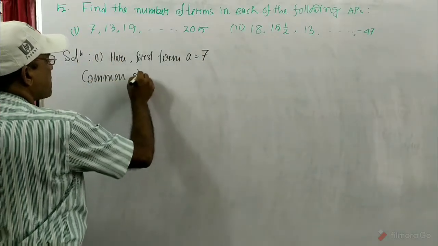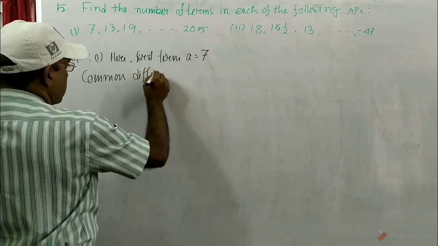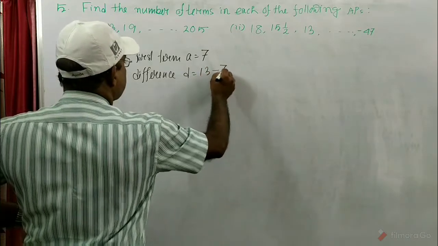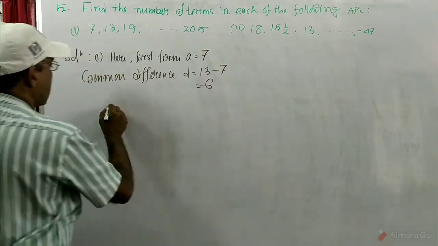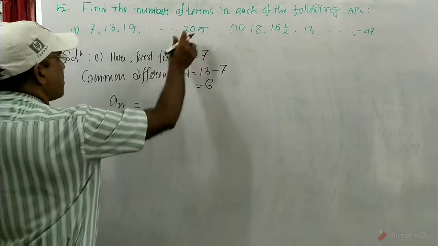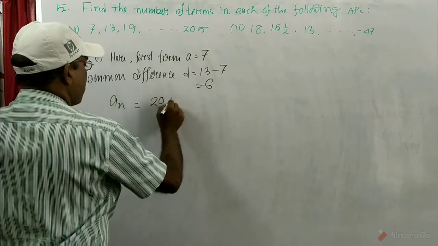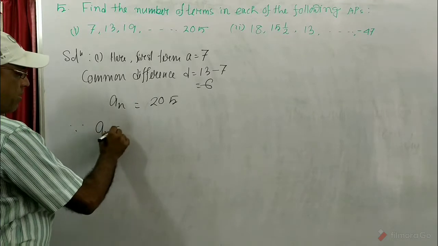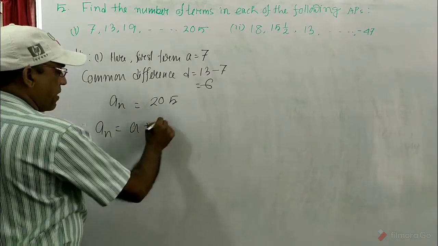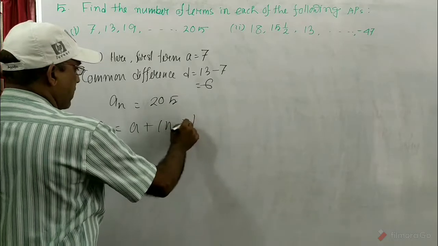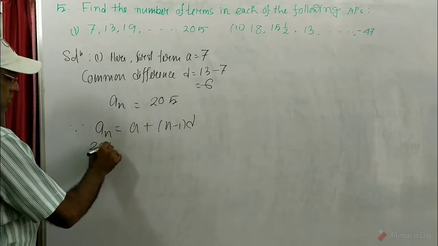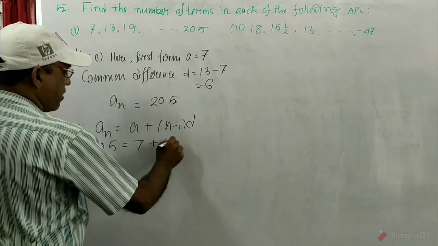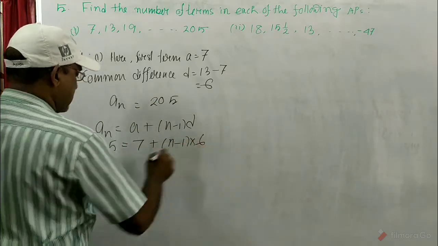Common difference d equals 13 minus 7, which is 6. an, the last term, is 205. Since we know the nth term an equals a plus (n minus 1) times d, an is 205, a means first term is 7, n not given, d given as 6.